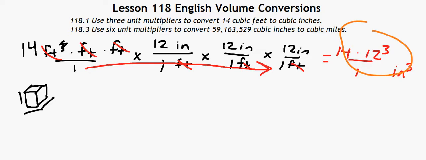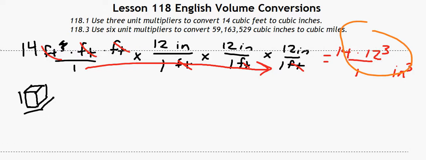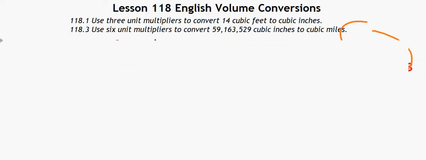Let's try 118.3, just a little more involved, a little more scary looking, not really any different. It says use 6 unit multipliers to convert 59,163,529 cubic inches to cubic miles, which are written mi cubed, right?